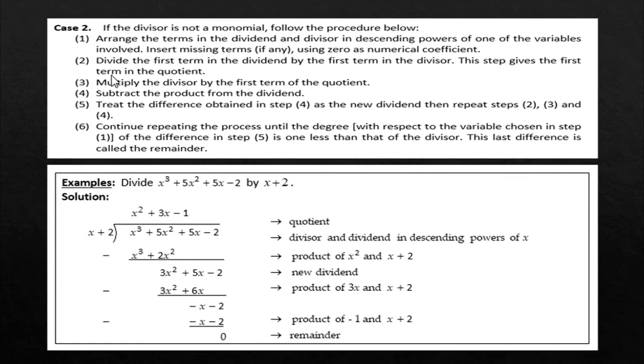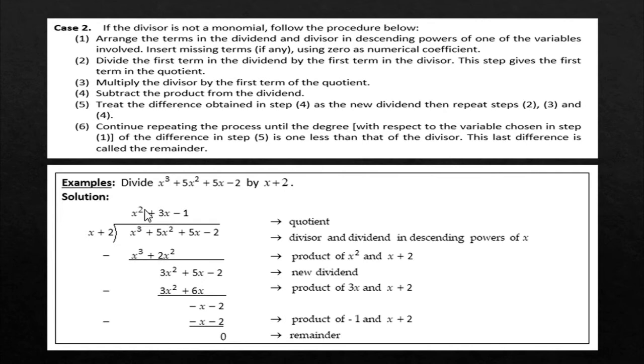Okay, next step is divide the first term in the dividend by the first term in the divisor. This step gives the first term in the quotient. So, i-divide na to ang dividend to divisor. So, x cubed divided by x plus 2. So, unsa man ang atong i-multiply ni x plus 2 nga maka-arrive ta og x cubed. So, ang atong ma-multiply ni x plus 2 kay x squared.